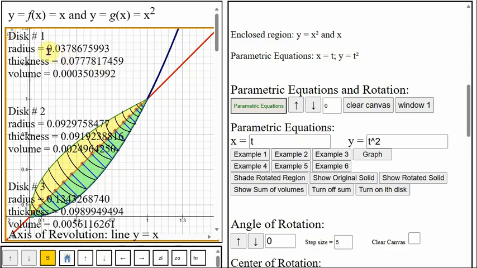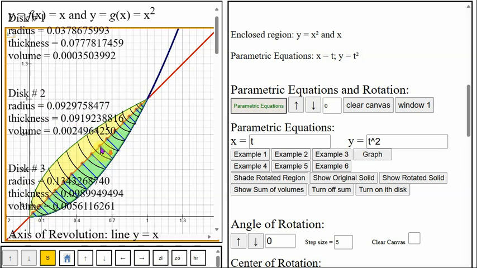And so what I did here is I calculated the distance from this point to the curve, the perpendicular distance, and that'll be the radius for disk number 1, and then the distance from here to here, perpendicular distance, for disk number 2, and then calculate the thickness of each disk.